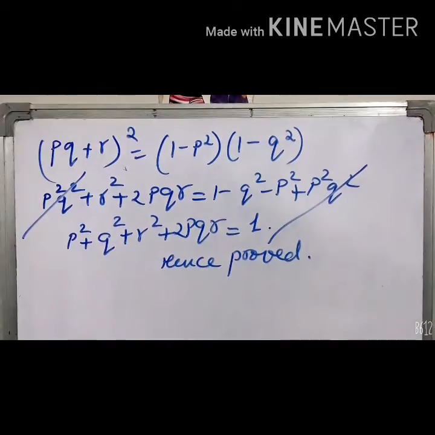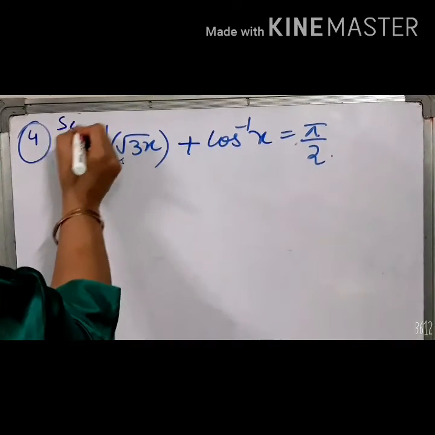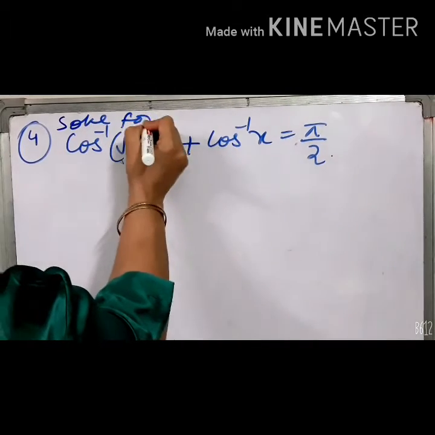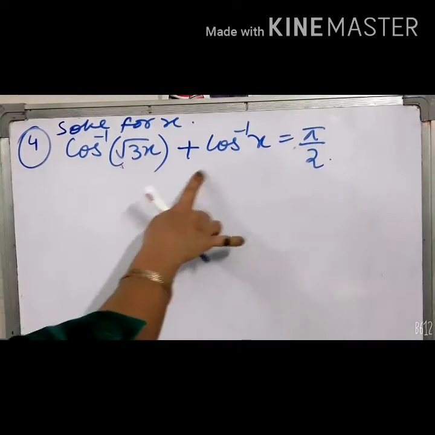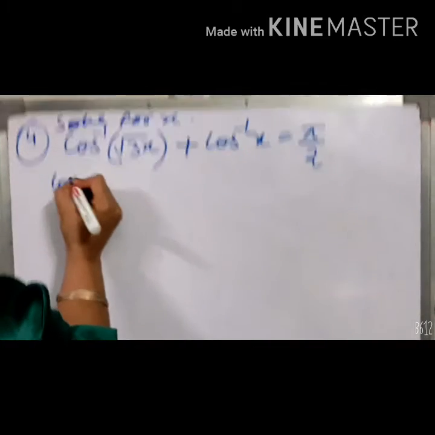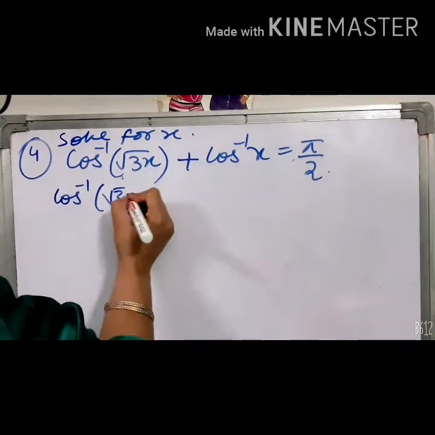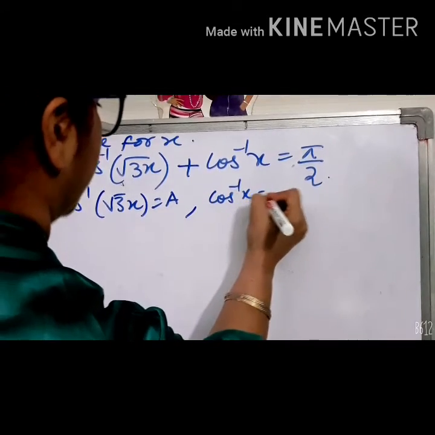Simple and important. Fourth question is: solve for x. Cos inverse of root 3x plus cos inverse x is equal to pi by 2. I will do the same thing again. Let cos inverse of root 3x be a and cos inverse x be b.